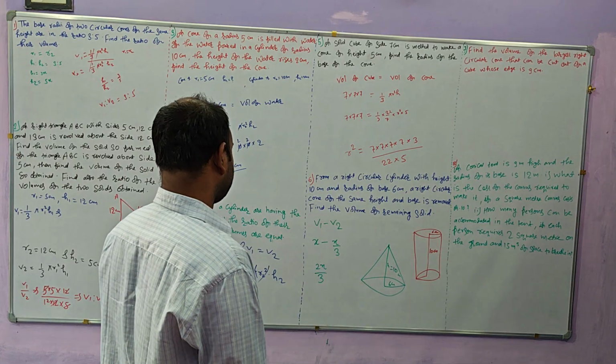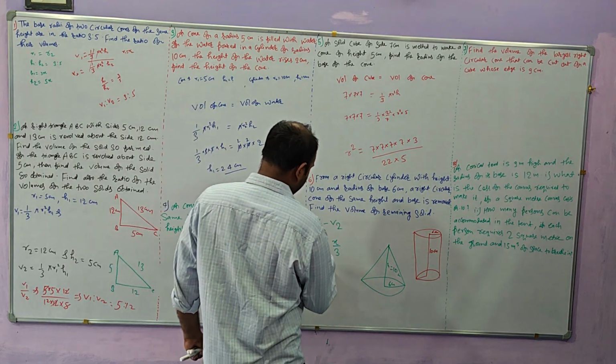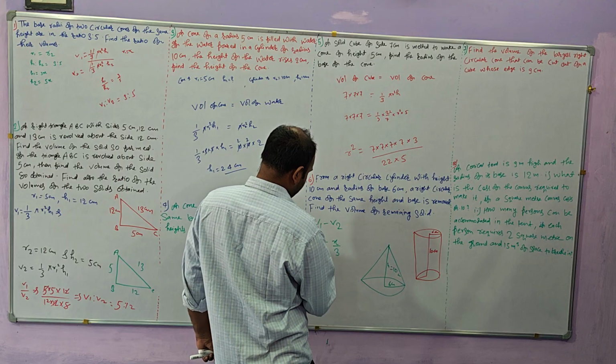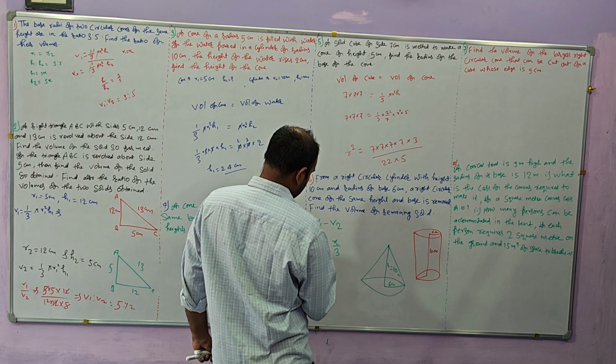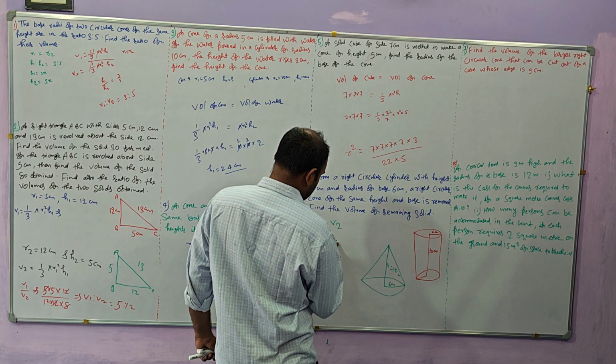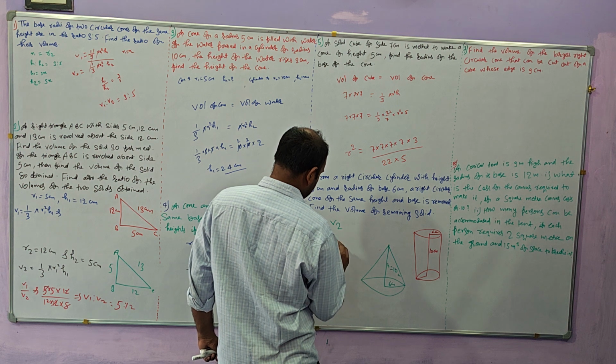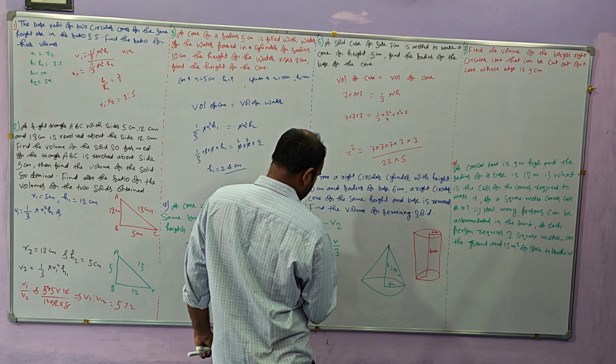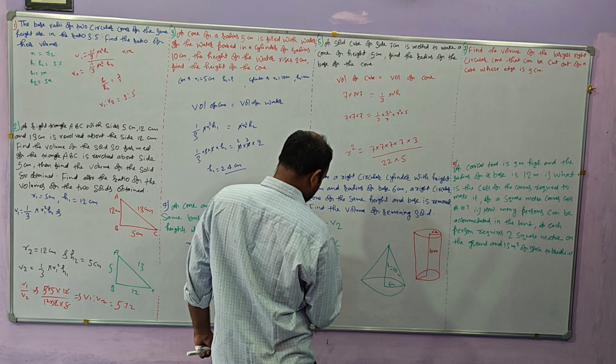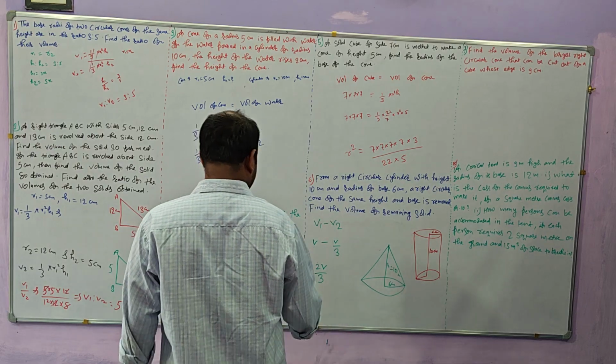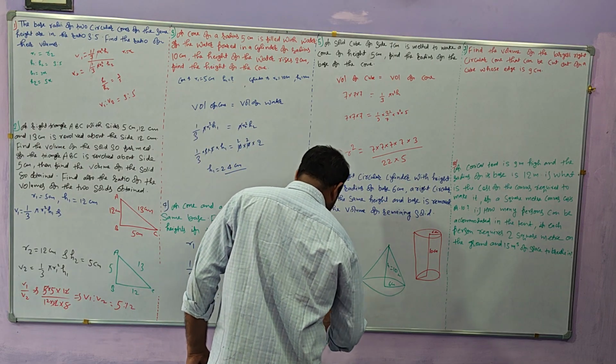Otherwise, we can also say V minus V upon 3 gives 2V upon 3, and this is the remaining volume of the solid.